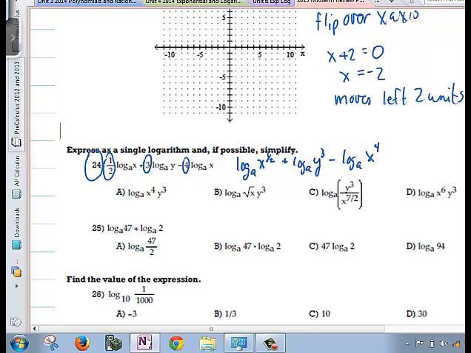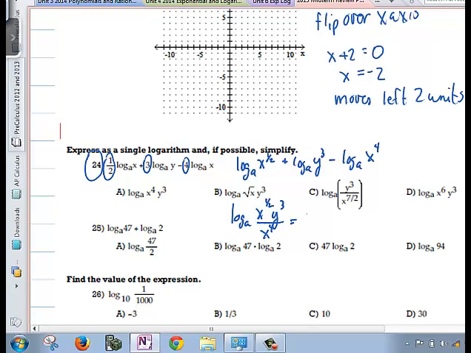Now you can use your properties to turn it into one logarithm, because remember when you add logarithms, that's multiplication, and when you subtract, it's division. So this would become log base A of x to the 1/2, which is the square root of x, times y cubed, divided by x to the 4th.